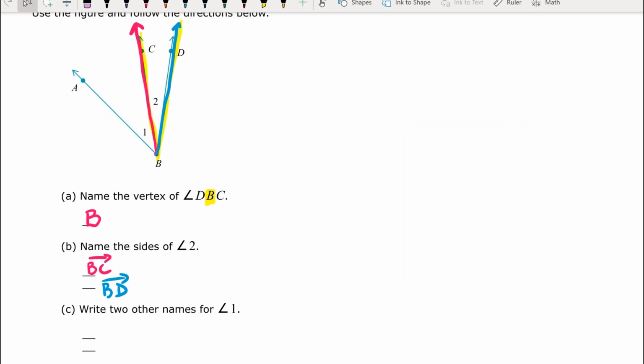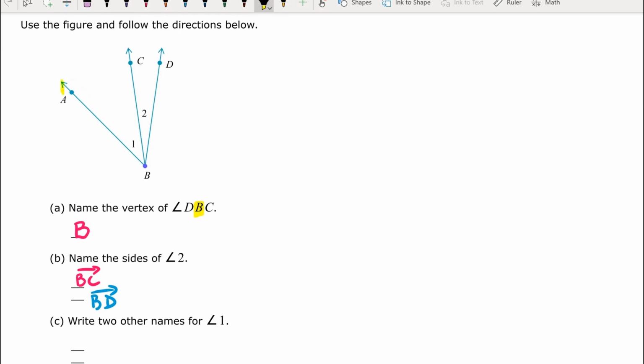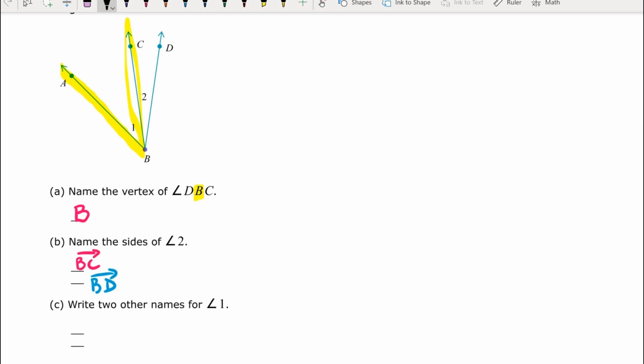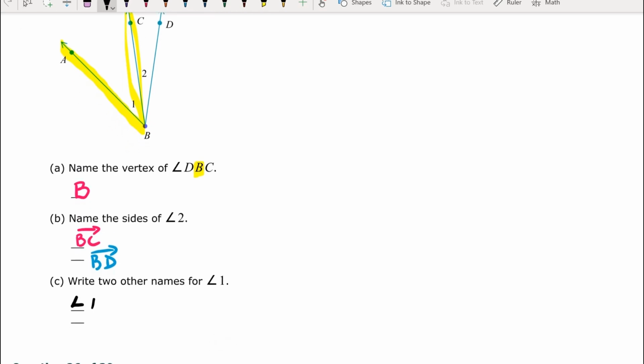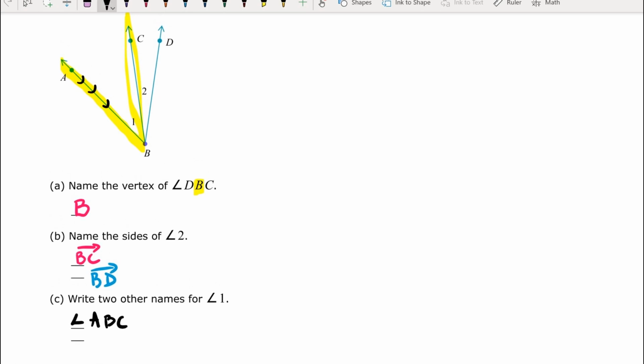Write 2 other names of angle 1. Okay, so here's angle 1. We're going to use 3 letters here: angle ABC.